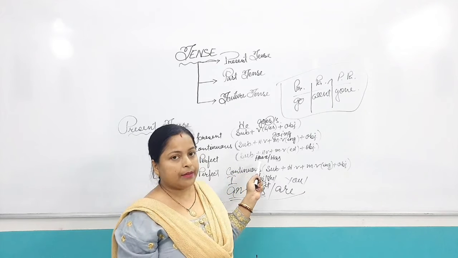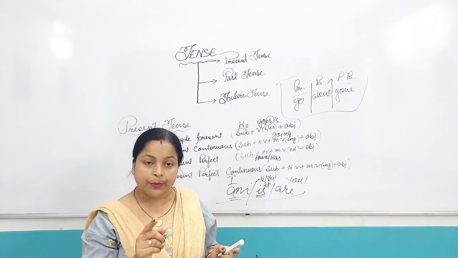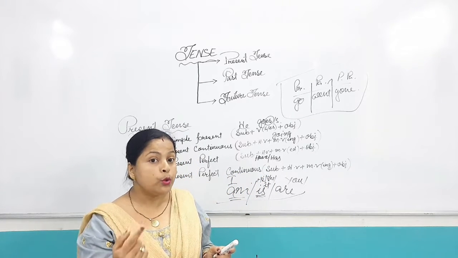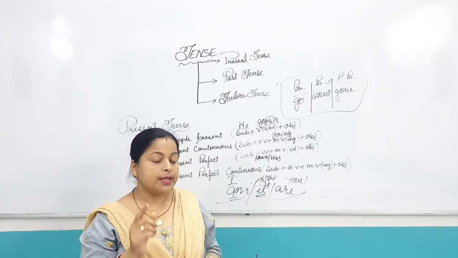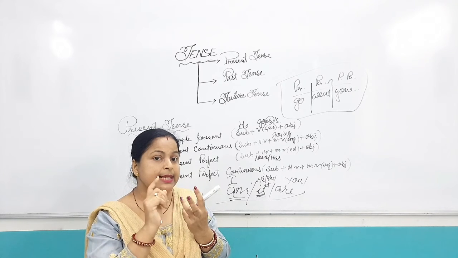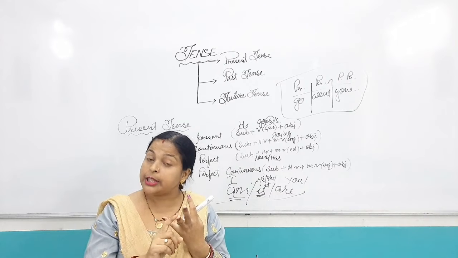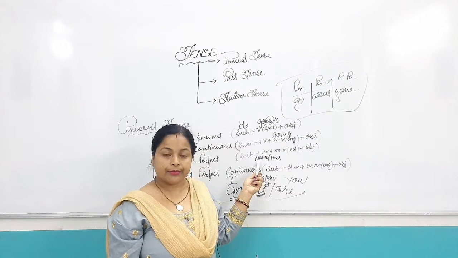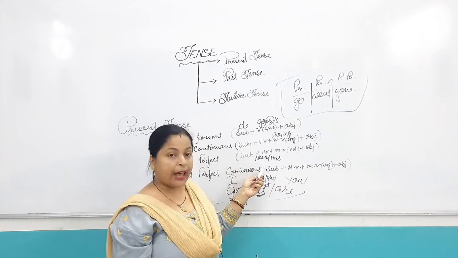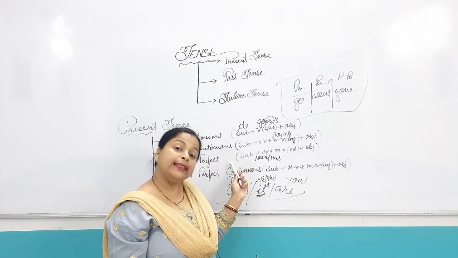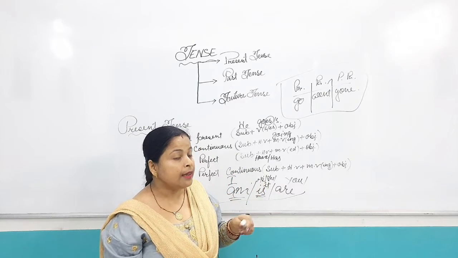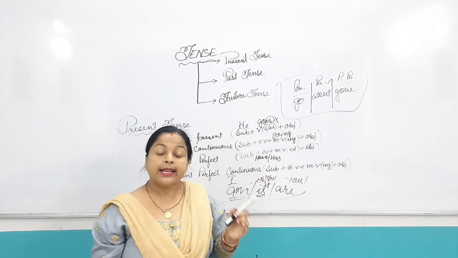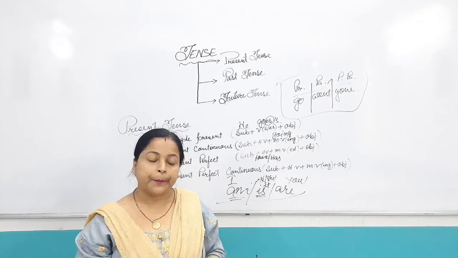If the subject is first person, second person, or third person plural number, then we will use have. For example, I have, you have, they have. But with he, has, as it is third person singular number.